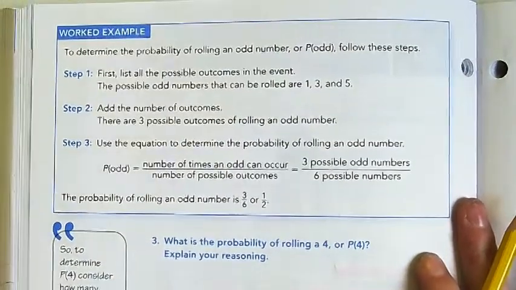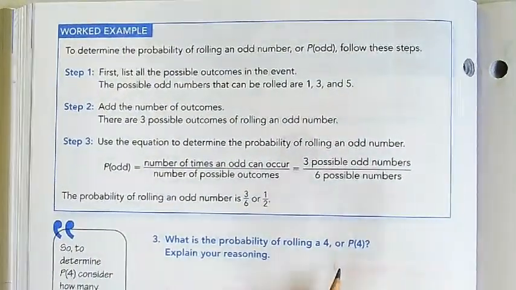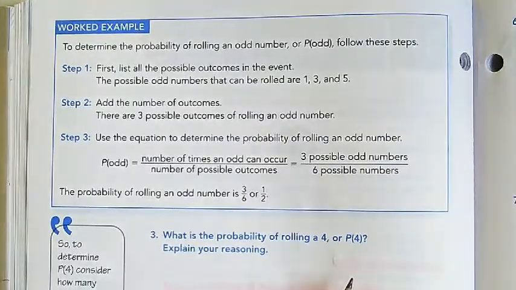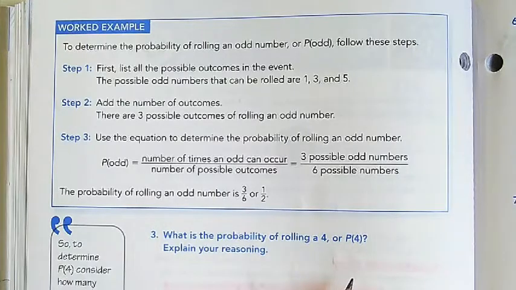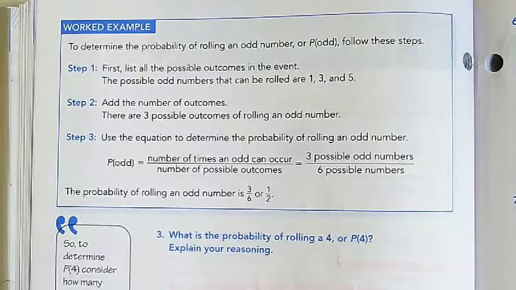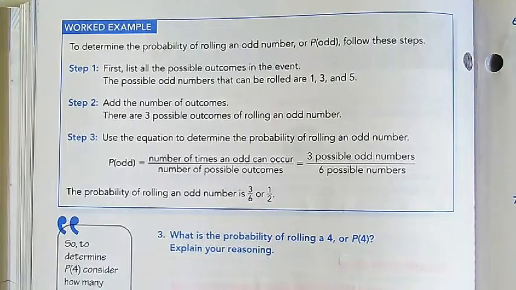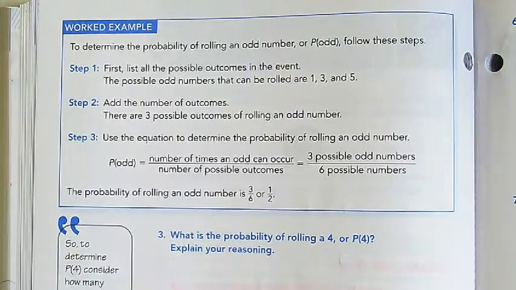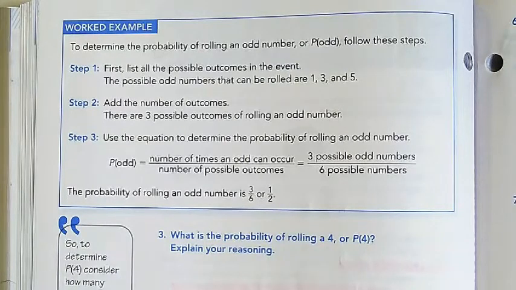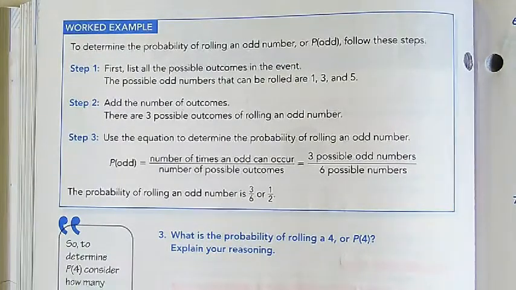Up at the top, page 518, this worked example. To determine the probability of rolling an odd number, well, first, what is an odd number?